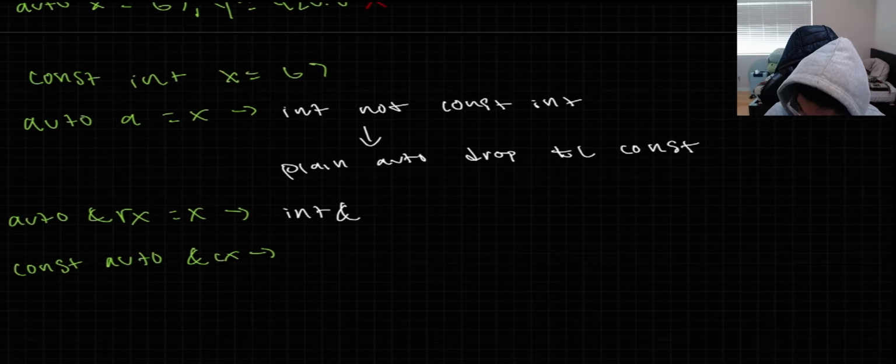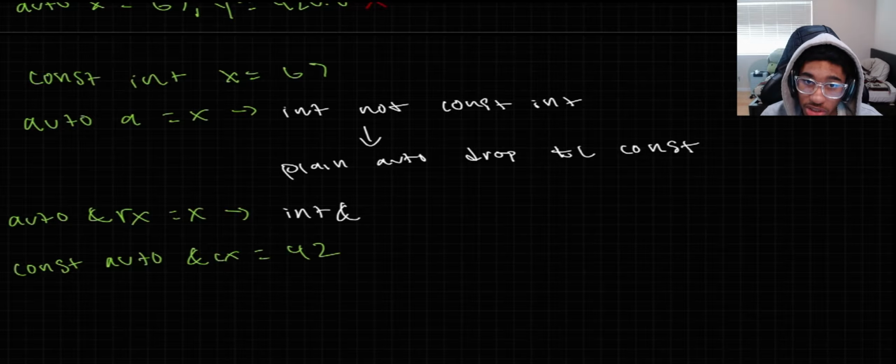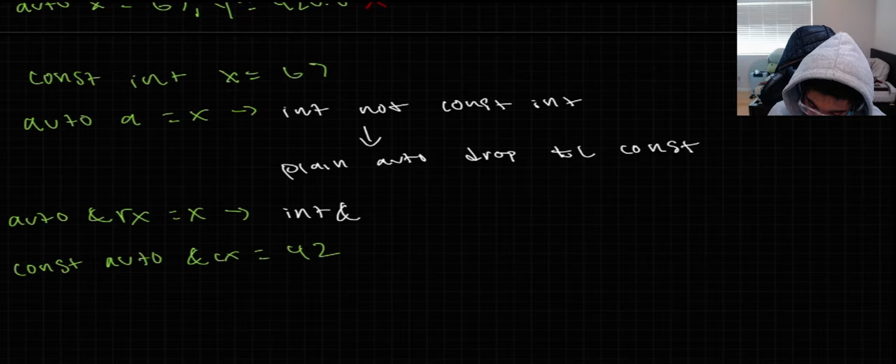But with a reference to a const auto, we can bind it to a temporary value since it's not expected to change. So in the event you want to just store a solid value, a hard-coded value into an auto, usually make a const, because it's not going to change.